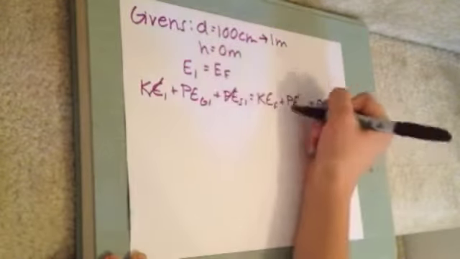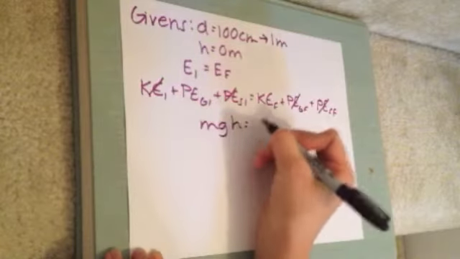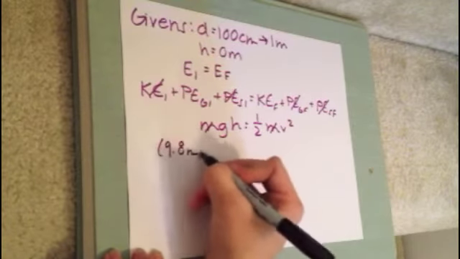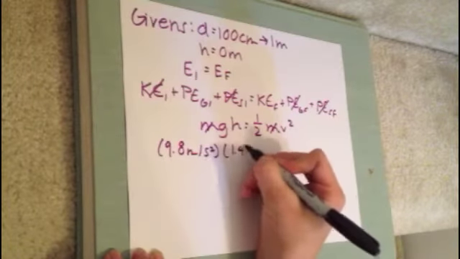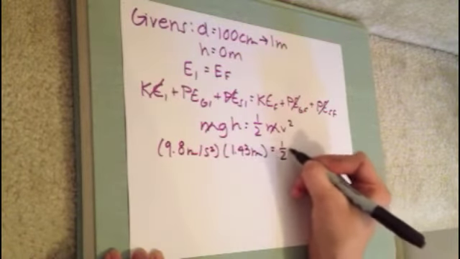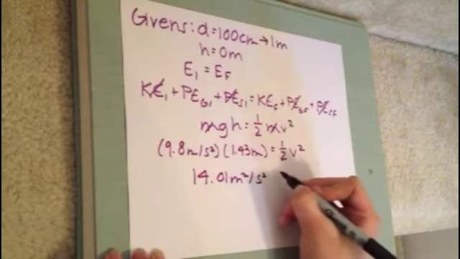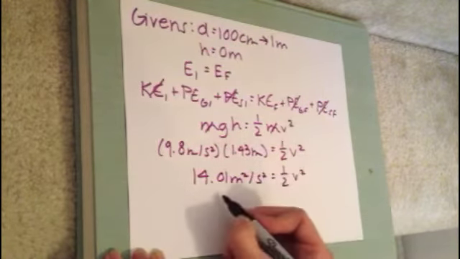For this problem, we start off with PEG and end up with KE. We can cross off the masses because they're on both sides of the equation. Plug in your numbers and solve for Vf.